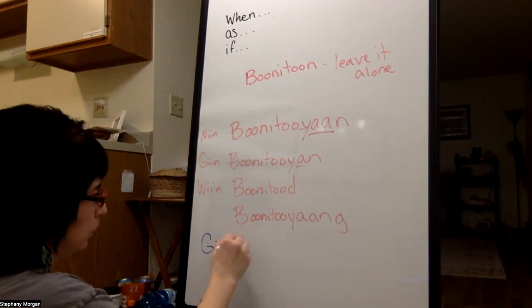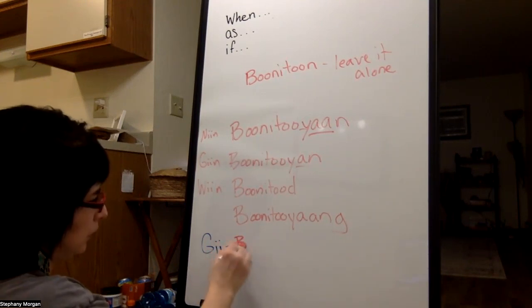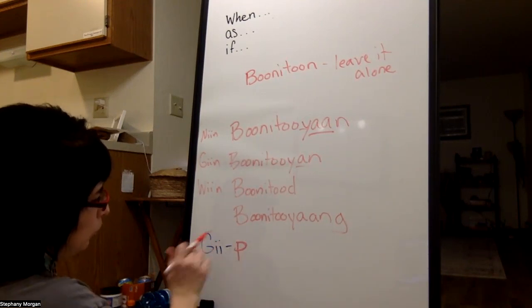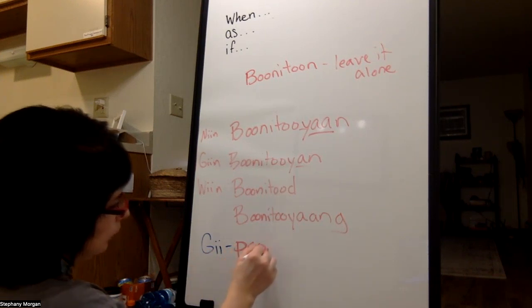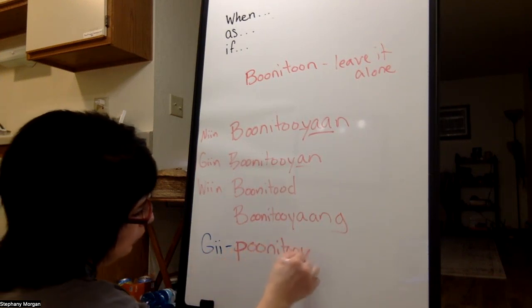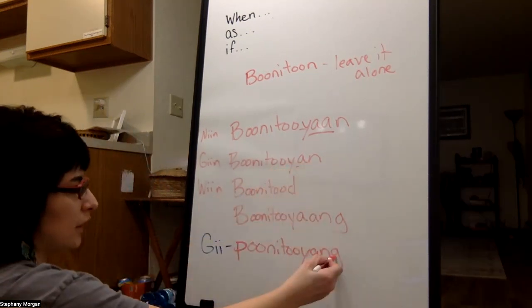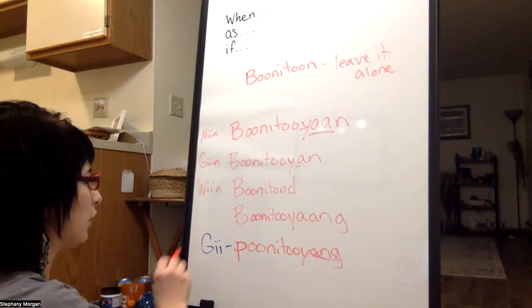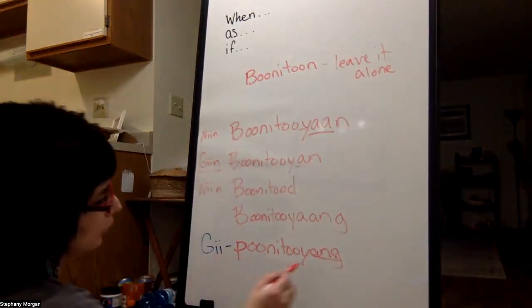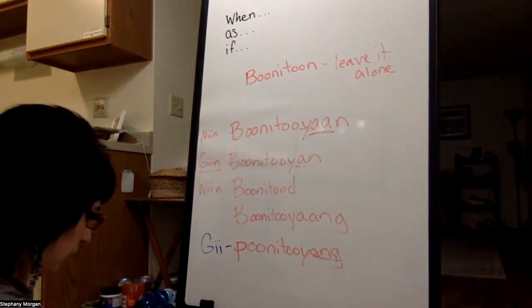That B turns into a P, preceded by gi. Too young, and it's just this form, the gene form with a G on the end. So that makes it gene to win. Us, including gene, young. There.